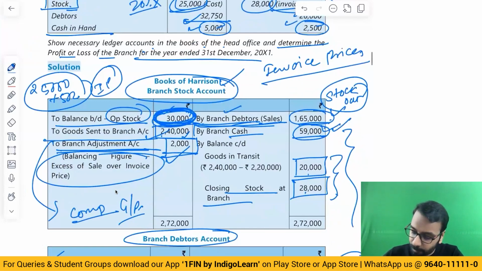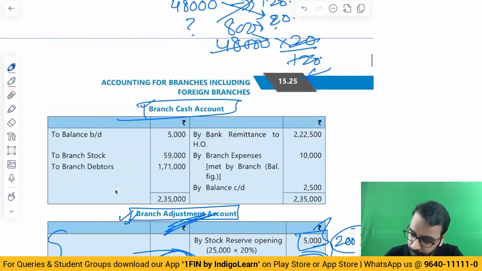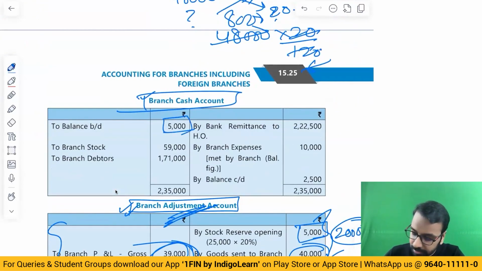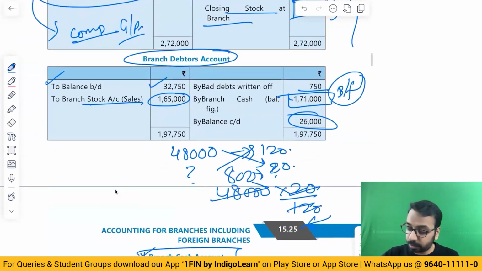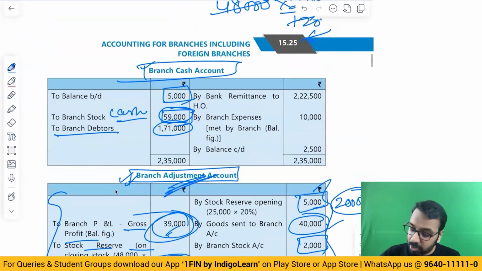So opening balance 5,000. Then cash sales, you collected 59,000. Then branch debtors 1,71,000 what you have collected from this particular balance. By remittance to head office 2,22,500 as given in the question.